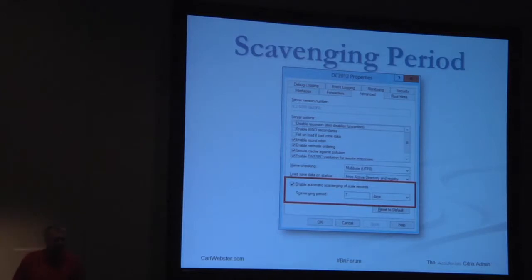The scavenging period. This is the time interval that says a record is going to sit out there and be eligible to be scavenged, and at the end of this period, or 7 days, a process is going to run on the scavenging server that will go out there and look at every record in DNS and see which ones are eligible to be scavenged.